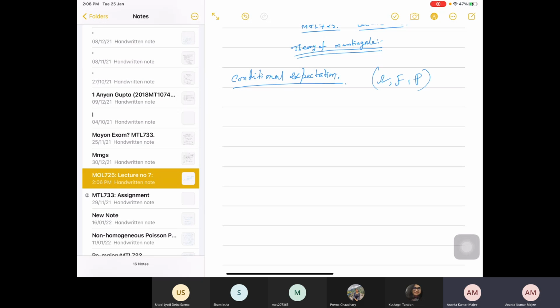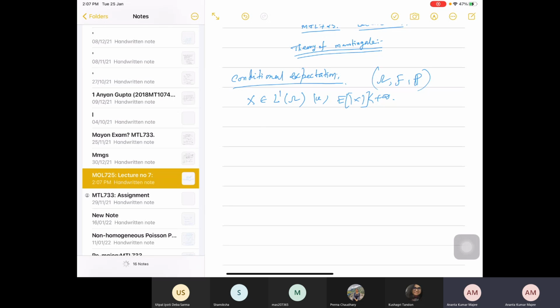Here F is the filtration, P is your probability, and now X is given to you, which is in L1 of Omega, meaning integrable. L1 of Omega means basically that the expectation of |X| is finite. This is the notation I am considering.